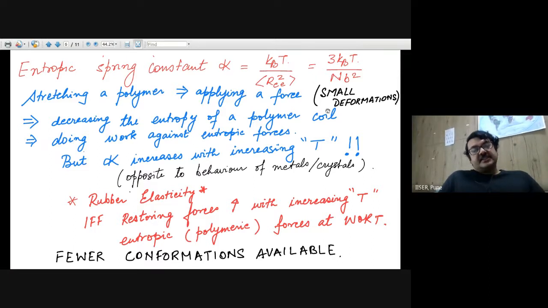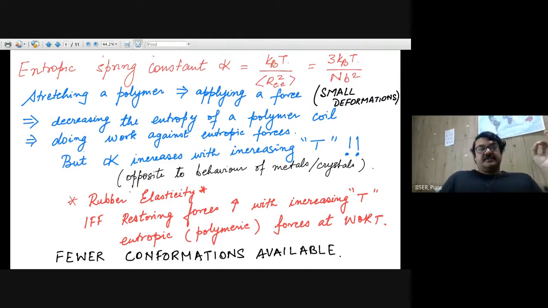Now this relation, let me tell you, applies only for small deformations. What happens for large deformations, we will be discussing after 2 classes. And this force has to be applied because it is decreasing the entropy of the polymer coil. So basically, by applying this force, we are doing work against entropic forces.